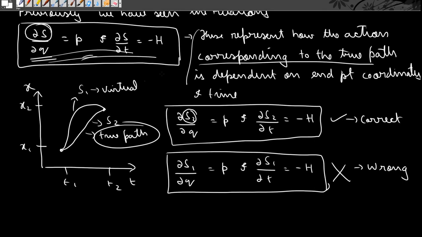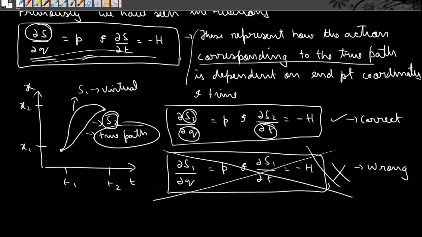This relation tells you how the value of the action representing the true path is going to change when you change the endpoint coordinates or the endpoint time. That is what this relation tells. Therefore, the other relation does not make any sense. So when we say that this relation holds, we are saying it with respect to S which corresponds to the true path. This is a very important thing to remember, otherwise it might be confusing.